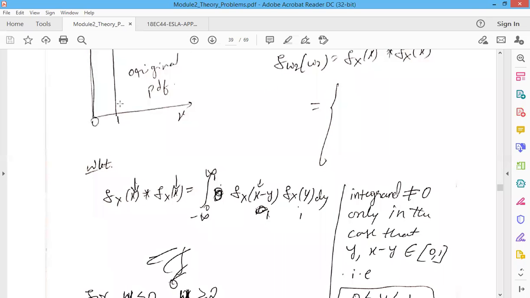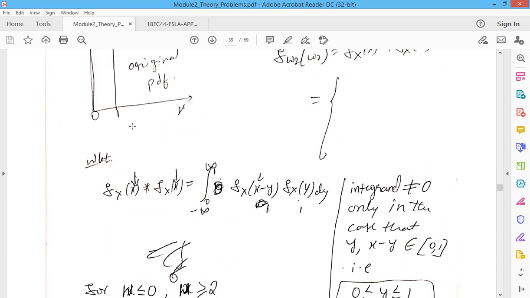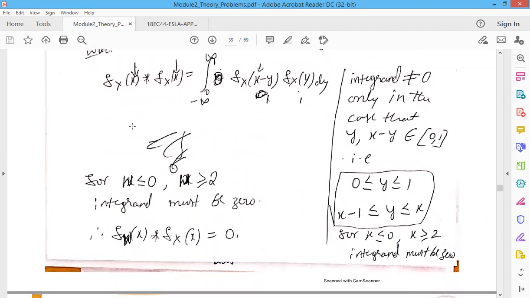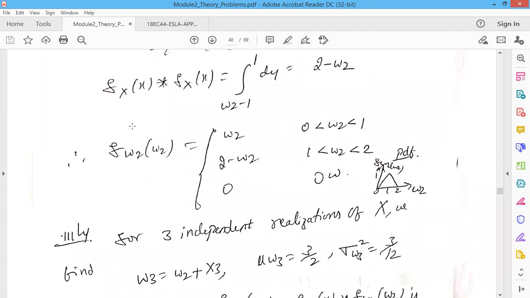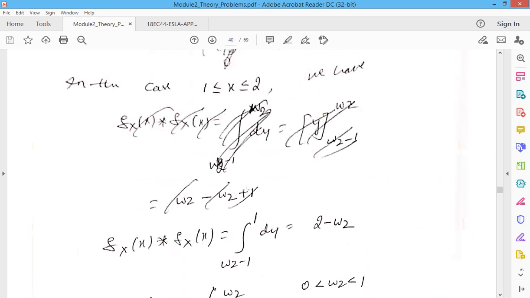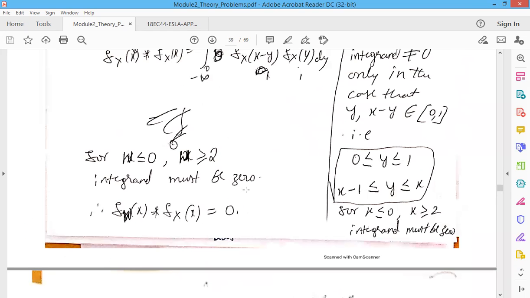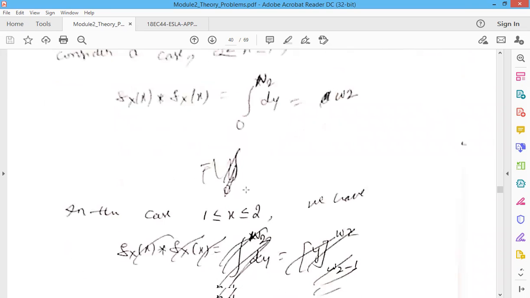Whenever fx of x is convolved with itself, it results in a new PDF, defined by fw2 of w2 is equal to w2 for w2 between 0 to 1, and for w2 between 1 to 2 it takes the value 2 minus w2, and for other values of w2 it takes the value 0. The corresponding calculation has been shown here, with the convolution.